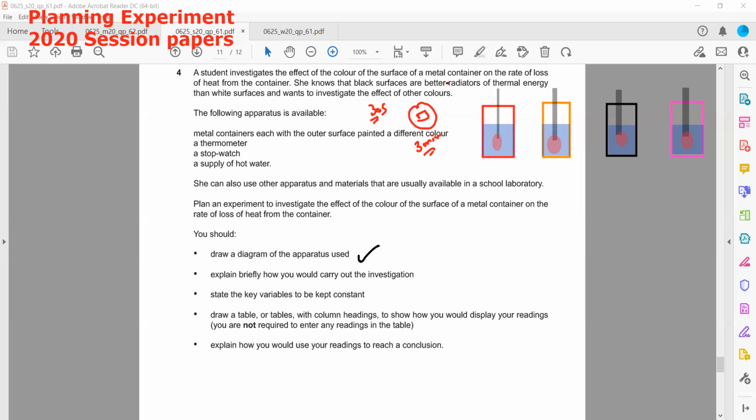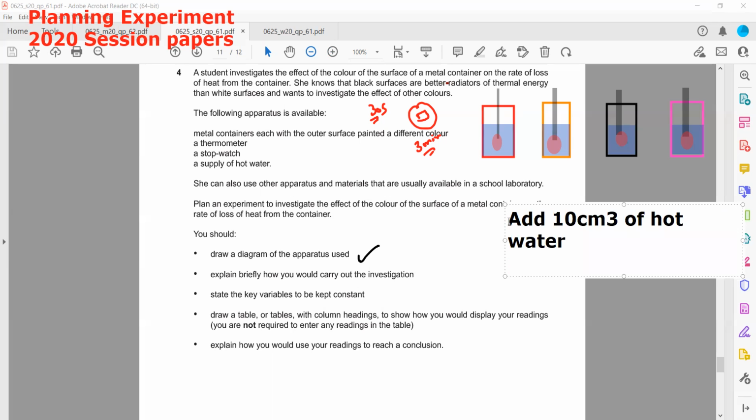And then repeat the experiment with different colors of container. So we'll add 10 cm cube of hot water, then record the initial temperature by thermometer. Then we'll start the timer, the stopwatch.